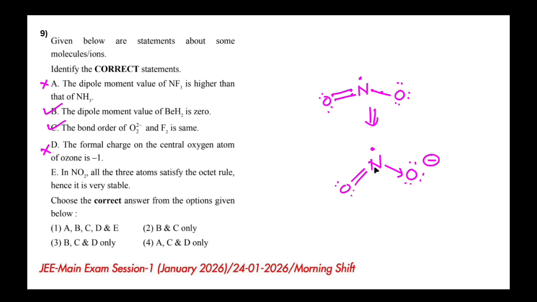In the NO2 structure, the nitrogen atom is surrounded by how many electrons? 1, 2, 3, 4, 5, 6, 7 electrons are there. The nitrogen atom is surrounded by 7 electrons, so this is an odd electron species. But each oxygen atom is surrounded by 8 electrons: 1, 2, 3, 4, 5, 6, 7, 8.